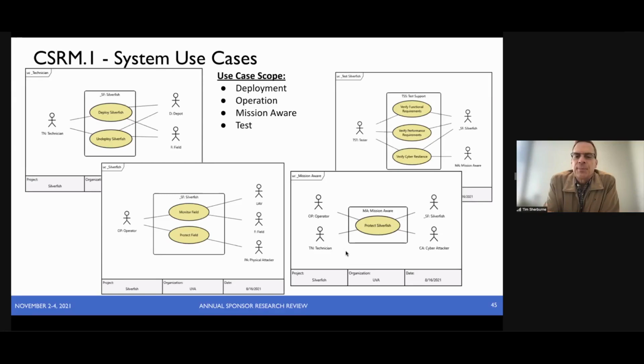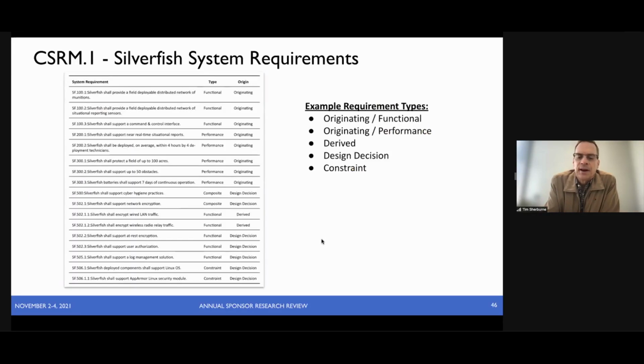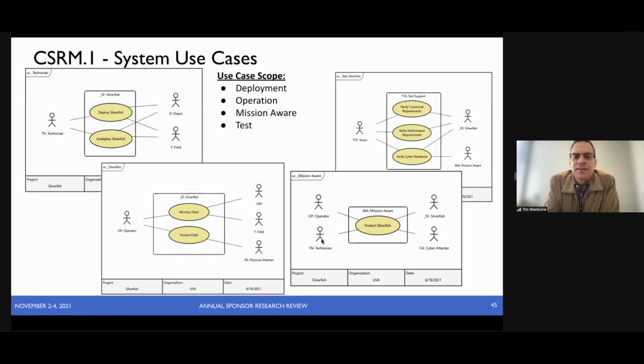This question came up. We also include use cases for mission aware, like protecting Silverfish from cyber attackers, and, depending on the scenario, how the technician who does the deployment, if the deployment is tampered with, may be involved in notification of the attack, or the operator in the case of the situational awareness or fire control.